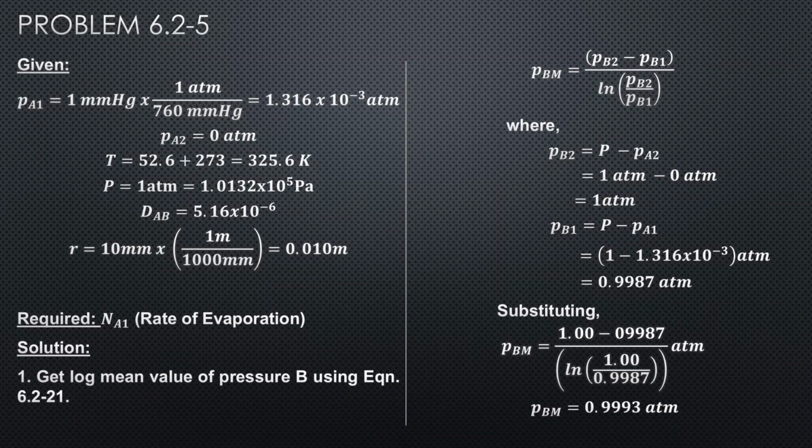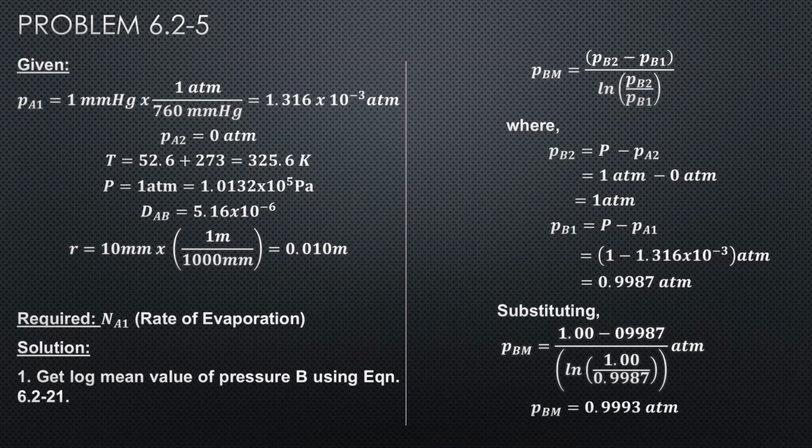For the pressure of B at the surface, or point 1, it is given by the surrounding pressure minus the vapor pressure of naphthalene at the surface, which, substituting, gives us a value of 0.9987 atm.